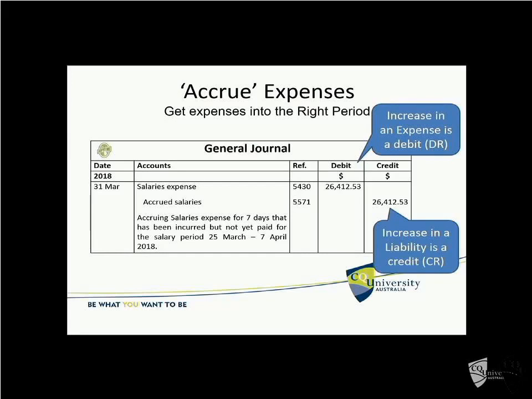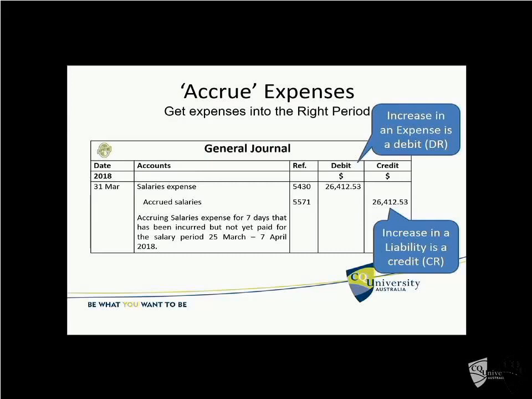So that's a liability. Increase in liability is a credit. Increase in expense is a debit. So you've got to know the 5 elements of accounting and their definitions. You've got to be able to recognise items, how they fit into those 5 elements, and you've got to know those 3 things to memorise so you know where the debits and credits go.